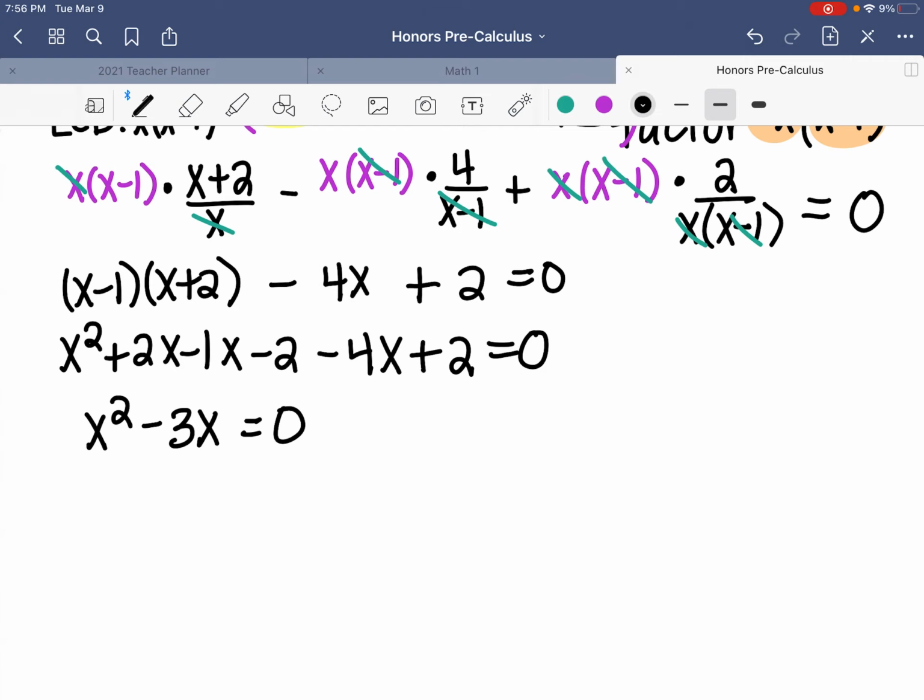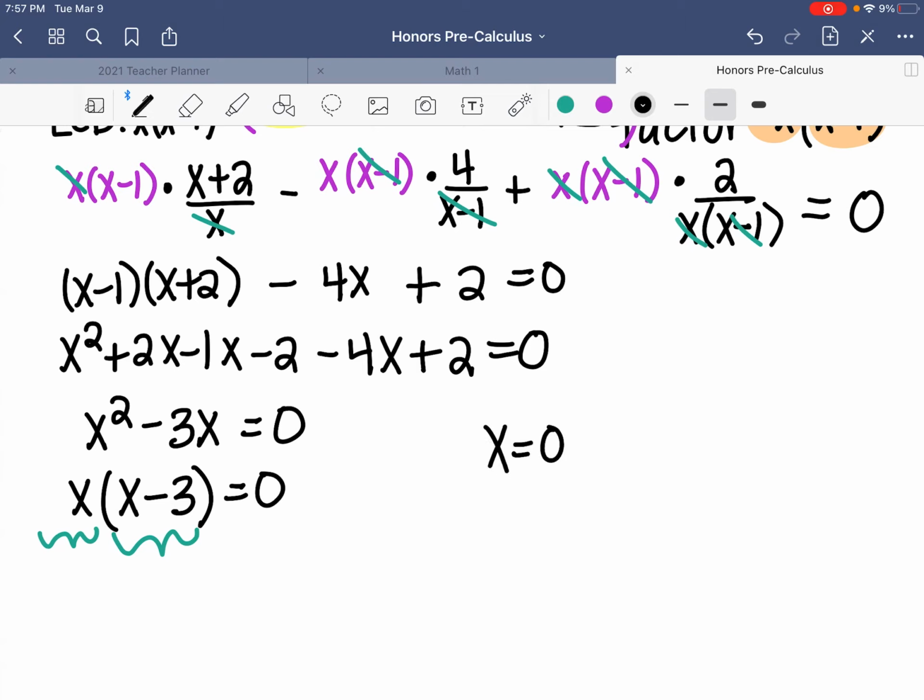Now, we do not have a trinomial here, but I do see that I have a GCF that I can pull out of my problem. So if I pull an x out, that's going to leave me with x minus 3. Okay? So at this point, I can now separate into two separate pieces. So x equals 0 and x minus 3 equals 0. So we're going to add 3 and x equals 3.